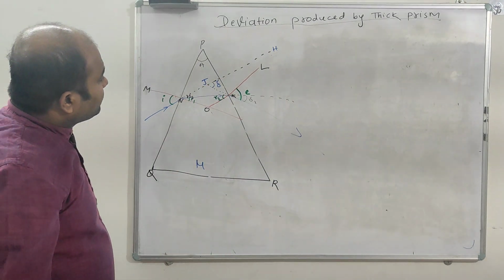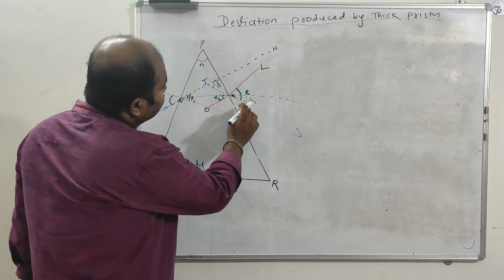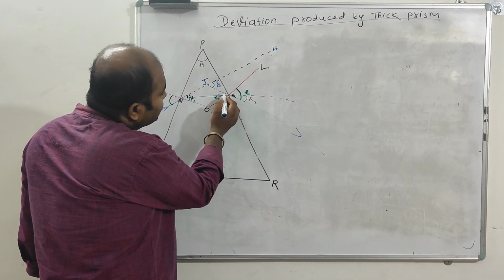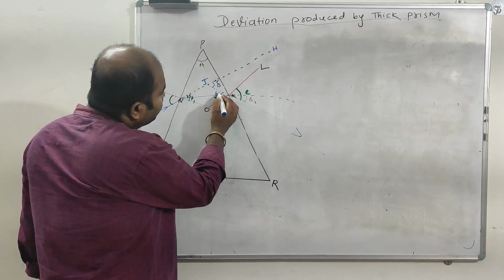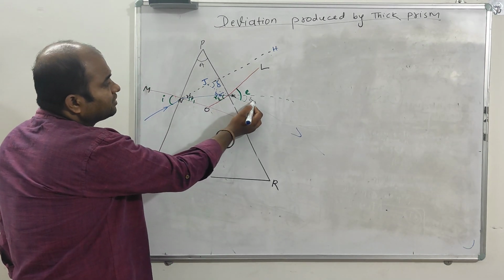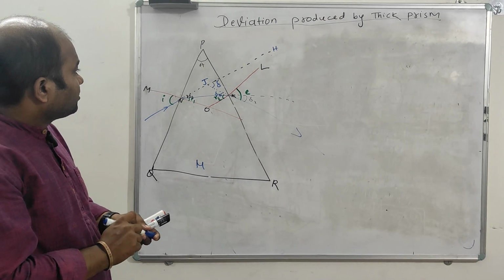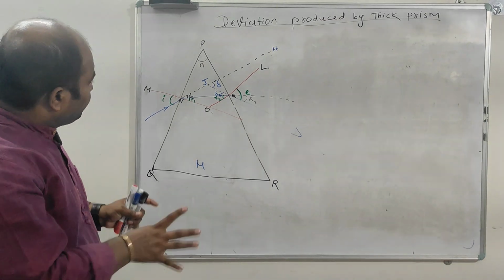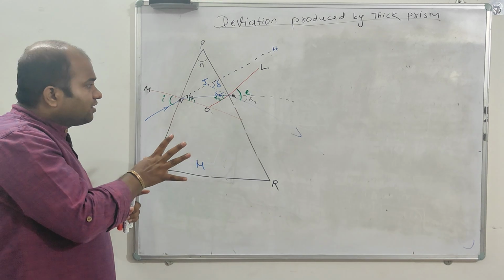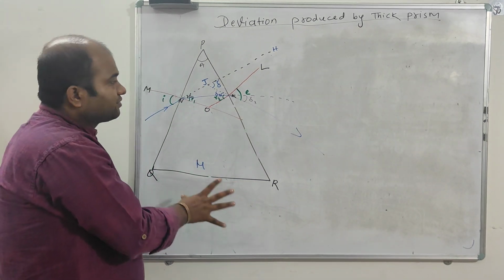If I have to find the total deviation, if this is del 2, this also becomes del 2, vertically opposite angle. And you know these things, so you have to write all angles also in the form of words.